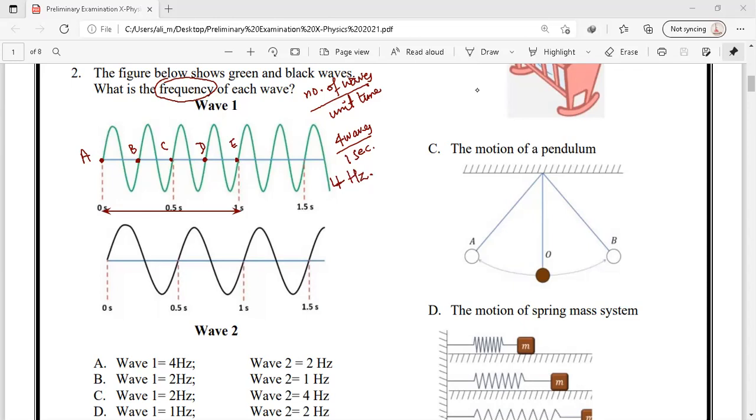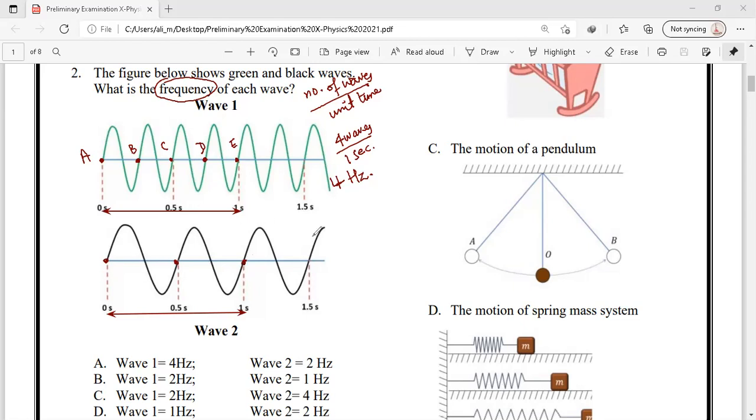Similarly, let's count the number of waves in 1 second. So this is 0 second, and here we have 1 second. If we count the number of waves, a wave starts from this point and ends at this point, and the second wave starts at this point and ends at this point.